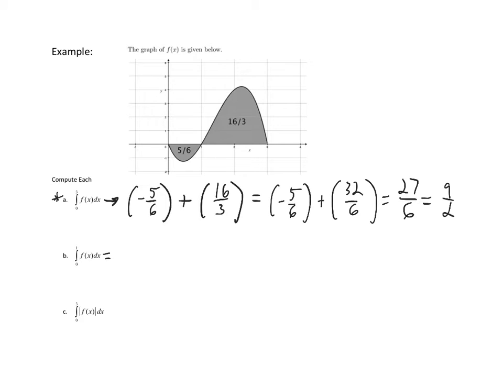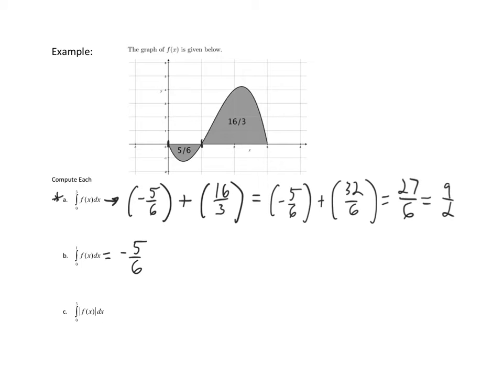This is asking me only for the area from 0 to 1. The area from 0 to 1, or in other words, this space here, is all below the curve, so I'm going to call that negative 5 over 6. And this last one is saying the area under the curve from 0 to 3 of the absolute value of f.